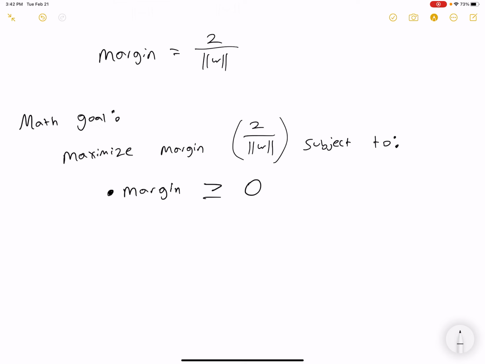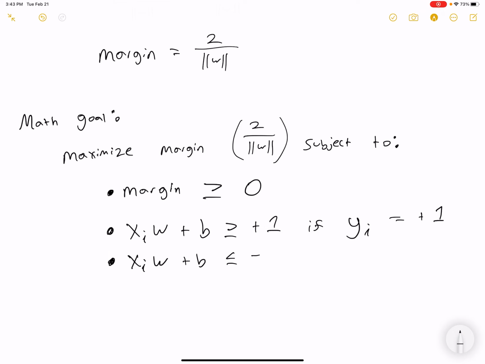We can't have a negative margin, doesn't quite make sense. How would you even have a negative margin? And we want our equation for our separating boundary to be greater than or equal to +1 if the corresponding y value is +1. And similarly, we want it to be less than or equal to -1 if yi is equal to -1.